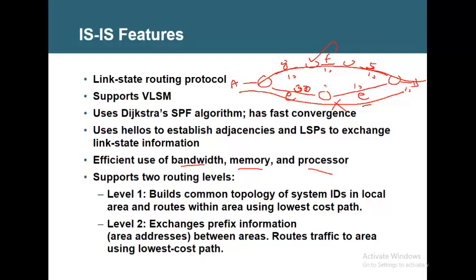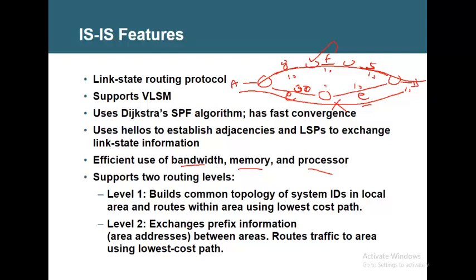Now, there are two routing levels of ISIS, level 1 and level 2. Please focus on my words. Level 1 is equivalent to type 1, type 2 LSAs in OSPF.